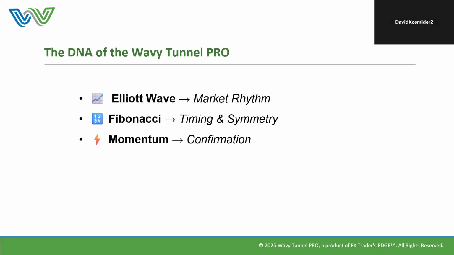And momentum gives us confirmation, showing us whether a trend has strength or exhaustion is setting in. Together, these three elements create a structured, rules-based way of reading markets. And from this DNA, we get the Wavy Tunnel Pro setups.